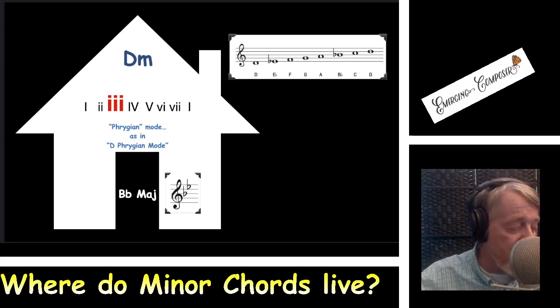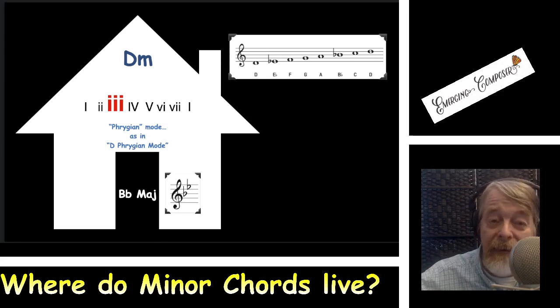Now, if I took this little lick, there's an E flat, D to E flat. Played it out of the natural minor, it would be Phrygian mode.